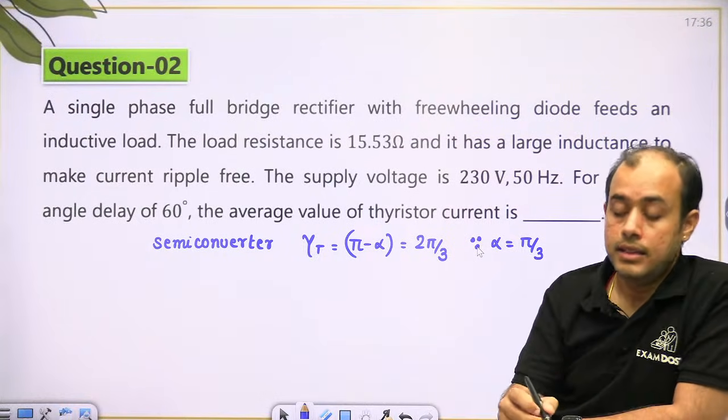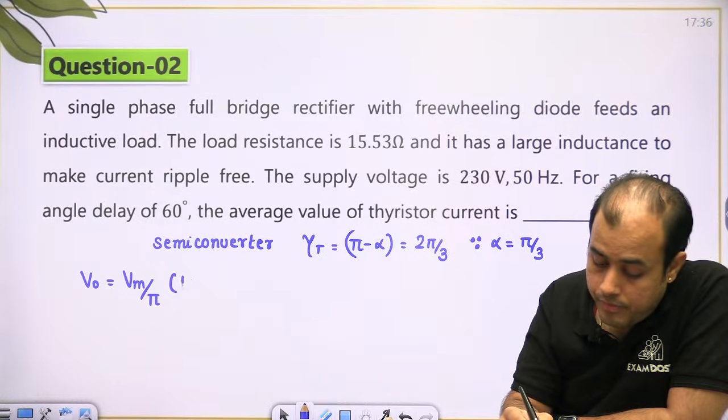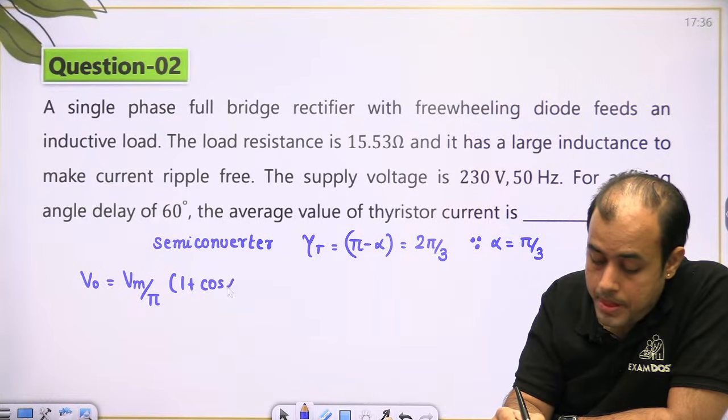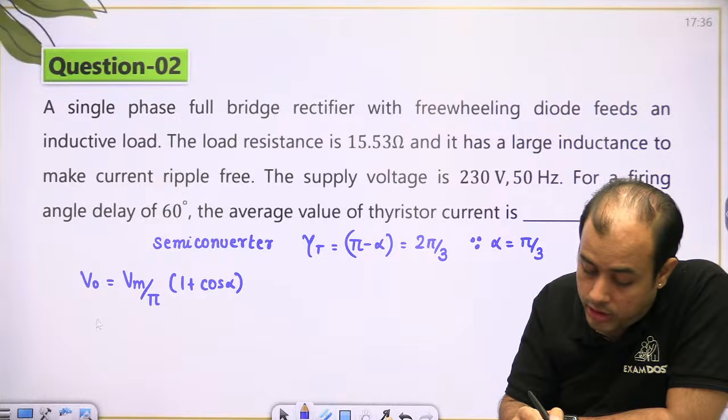ठीक है? Now beta, V naught. So I need to find I naught beta. For that I am finding V naught.